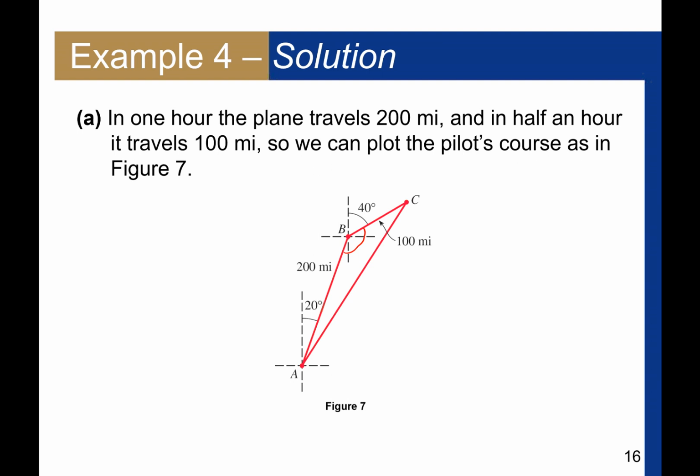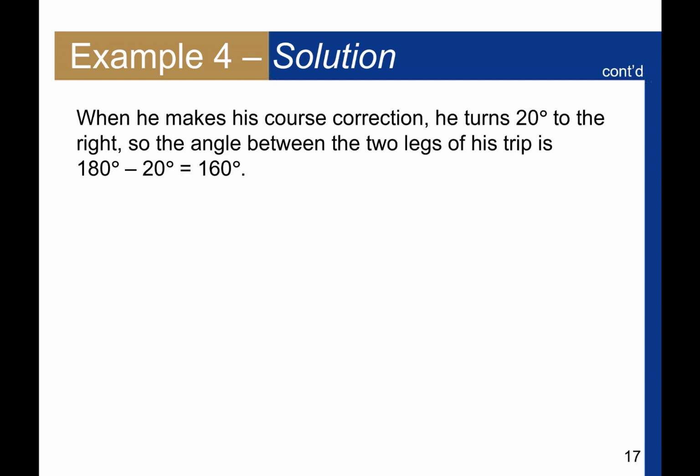Can we find that angle? When he makes that course correction, he turns 20 degrees to the right. So the angle between the two legs of the trip, 180 minus 20, is 160 degrees.